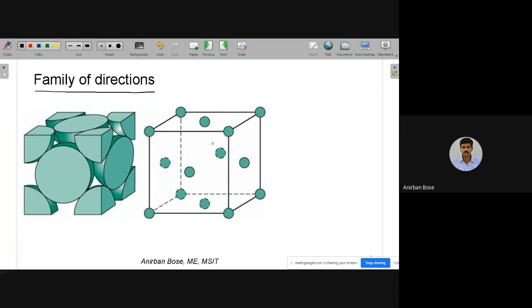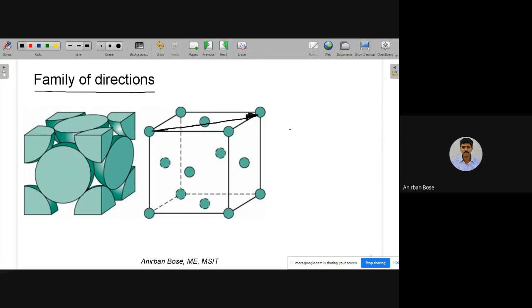if you consider a simple example, take this one. What kind of unit cell is this? This is FCC, right? Face-centered cubic cell. In case of a face-centered cubic, you know that there are face-centered atoms and there are corner atoms like this. Now let us consider this particular direction, the direction that I have shown by this black.